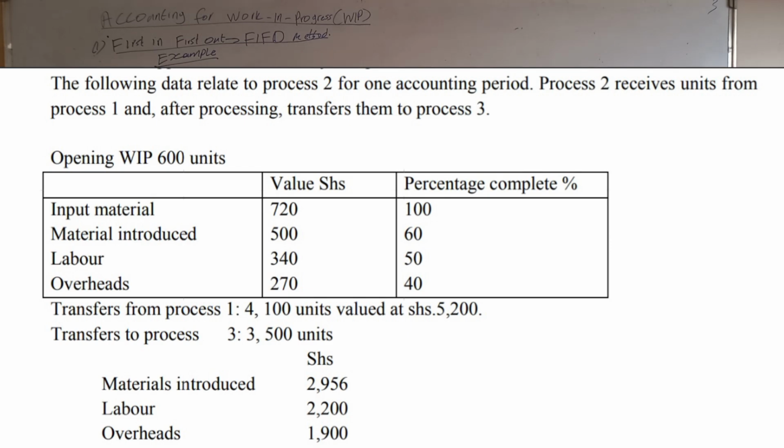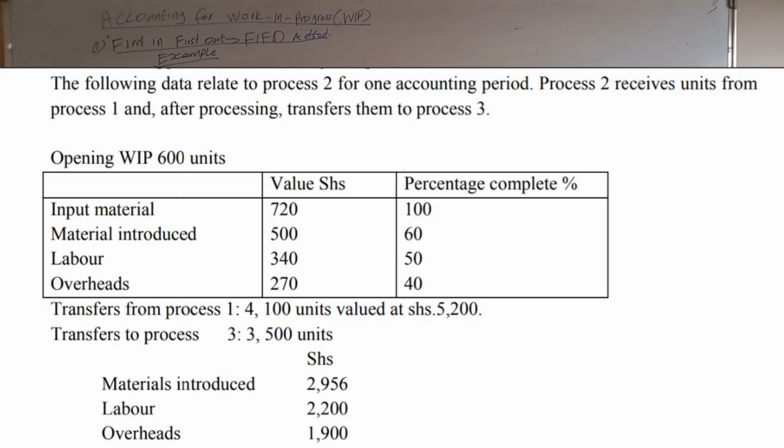These are the units that came from the previous period of accounting. They were worked on in the previous period, but they were not fully completed. So we have the items, the values, and the percentage of completion.